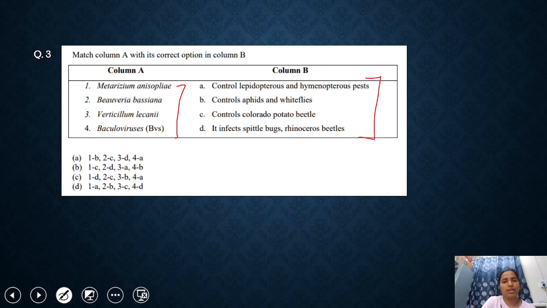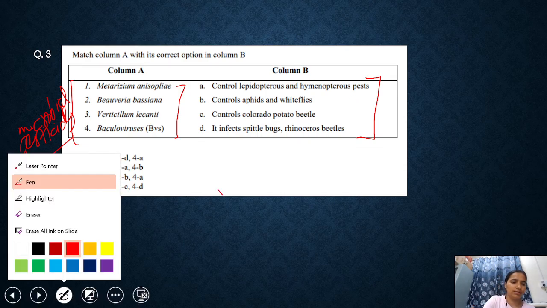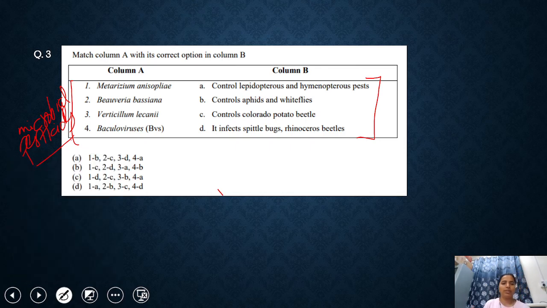These are pesticides that we use, examples of microbial pesticides. So what are the functions? You have to match that, or how they will help.